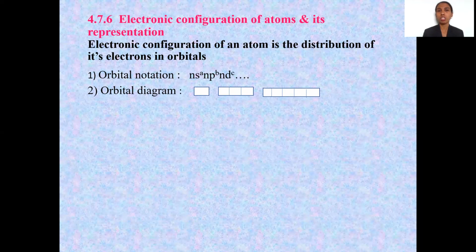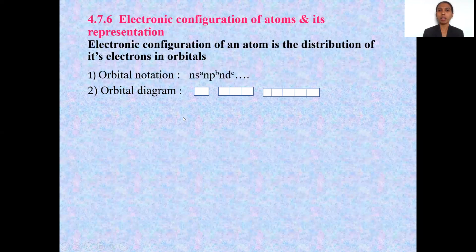What do we write on the right side of the symbol of the subshell? The number of electrons present in that subshell. So in orbital notation, while writing the electronic configuration, n will represent the principal quantum number, means the shell of that atom. Then s, p, d will represent the subshell of that atom, and a, b, c means the number of electrons present in that particular subshell. This is the orbital notation.